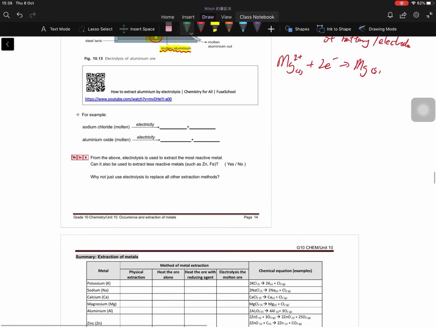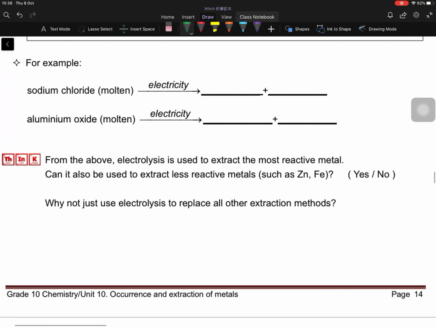So the idea is very simple. It just depends on what kind of ore you are using, and it turns back into the element. Here it shows sodium chloride turning into sodium and chlorine, while aluminium oxide turns into aluminium and oxygen.